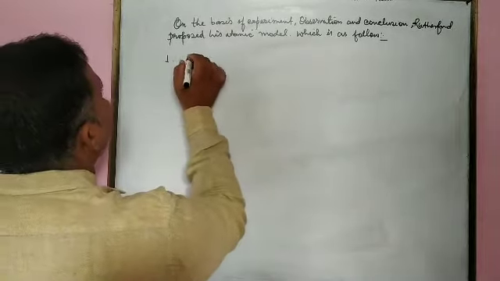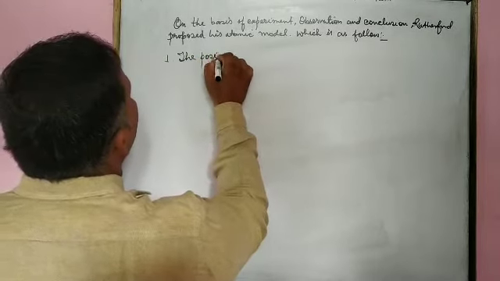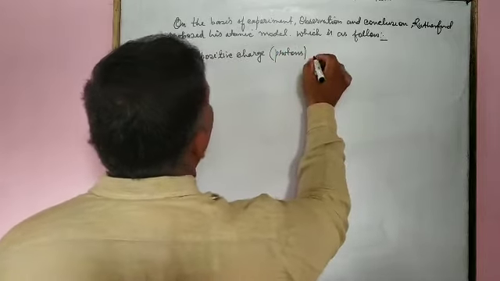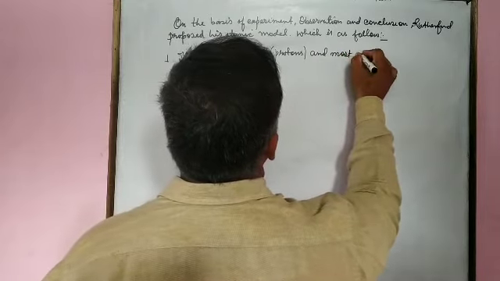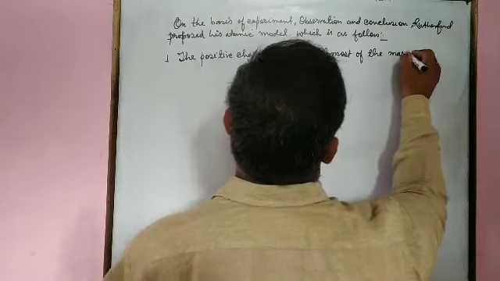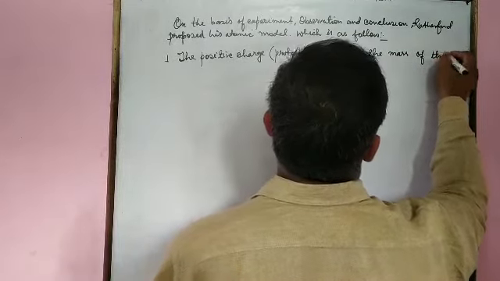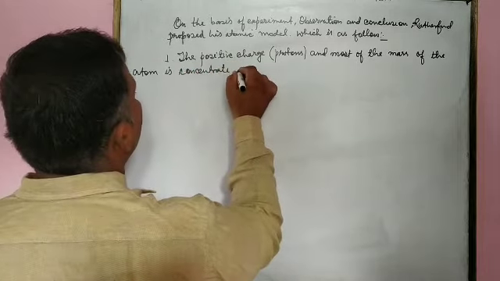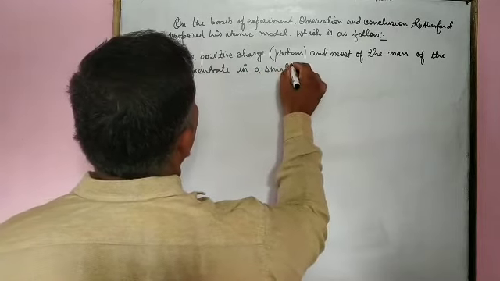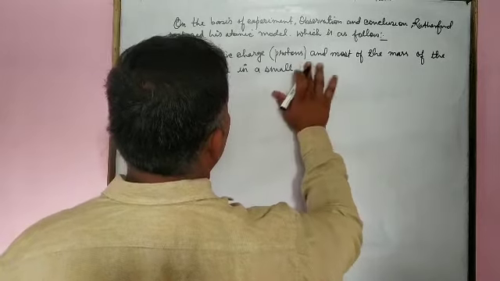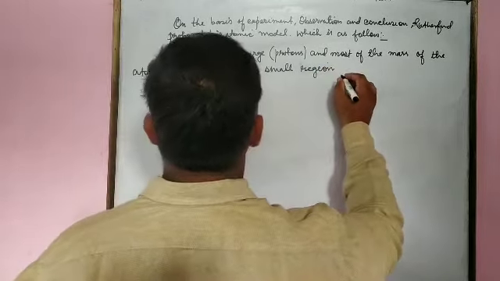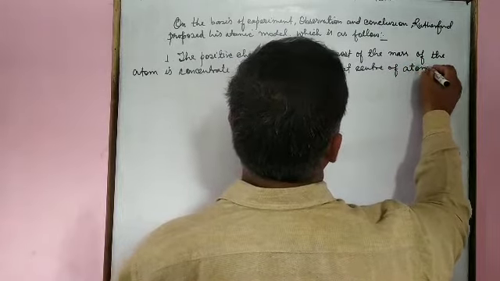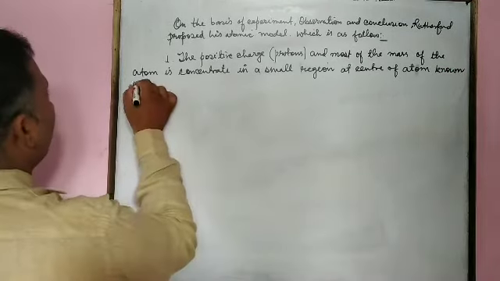The first one, the positive charge, that is protons, and most of the mass of the atom is concentrated in a small region at the center of the atom, known as nucleus.